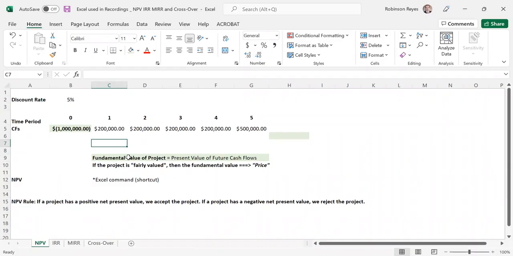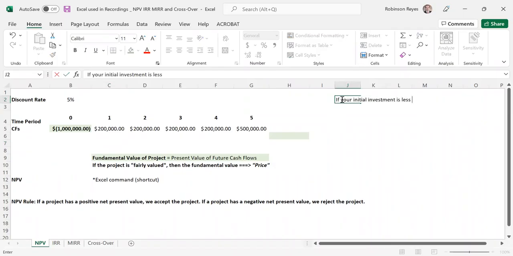So if your initial investment is less than the present value of future cash flows, which is the fundamental value, then you take the project.